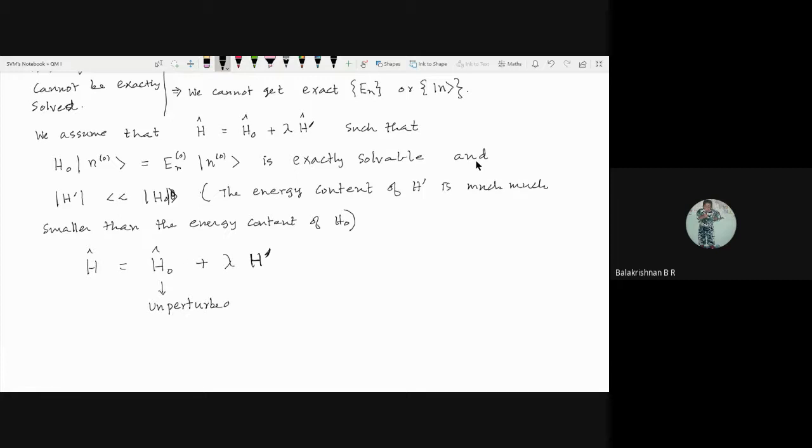We call H prime the perturbation Hamiltonian, or simply the perturbation. And H we call the total Hamiltonian.